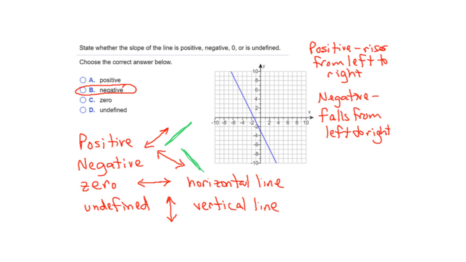And then we have our vertical lines. Our vertical lines break every rule in algebra. And so the slope is actually undefined for vertical lines. So with this graph that they're showing me, it looks like the slope is negative, right? Because it's headed down from left to right.